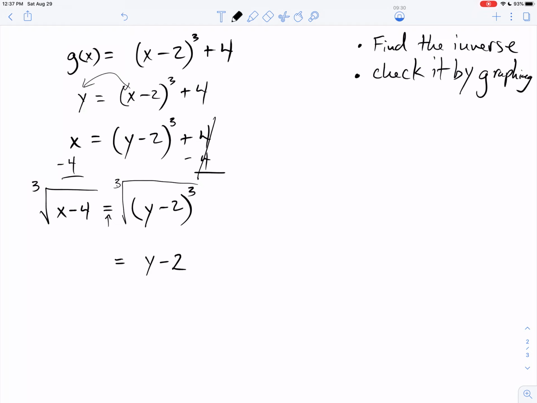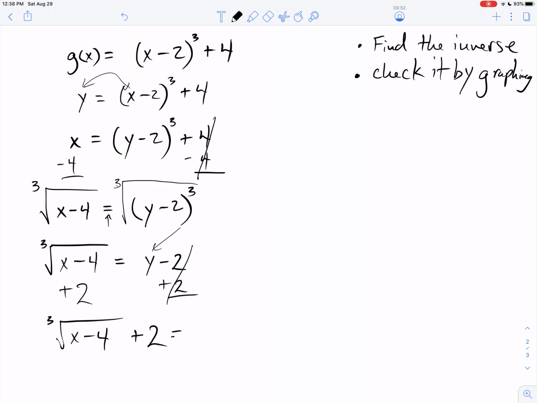I'll call it cube root of x minus 4. But you'll see my y is not by itself yet. I would have to add 2 to this side and add 2 to that side, at which point I would have the cube root of x minus 4 plus 2 is equal to y.